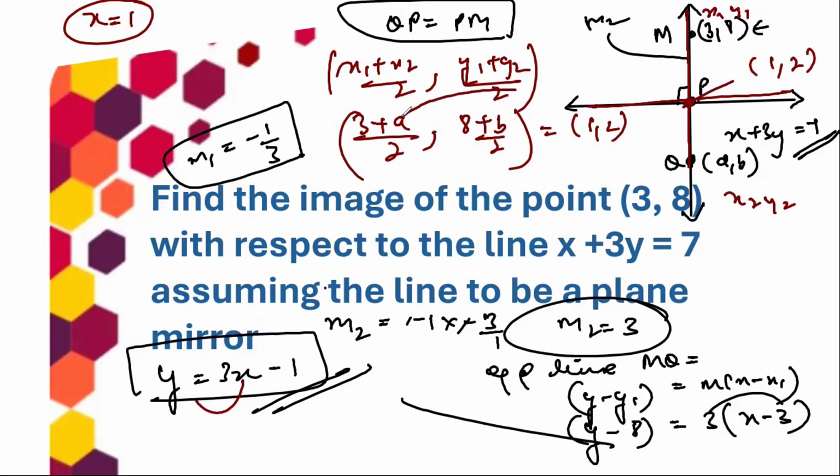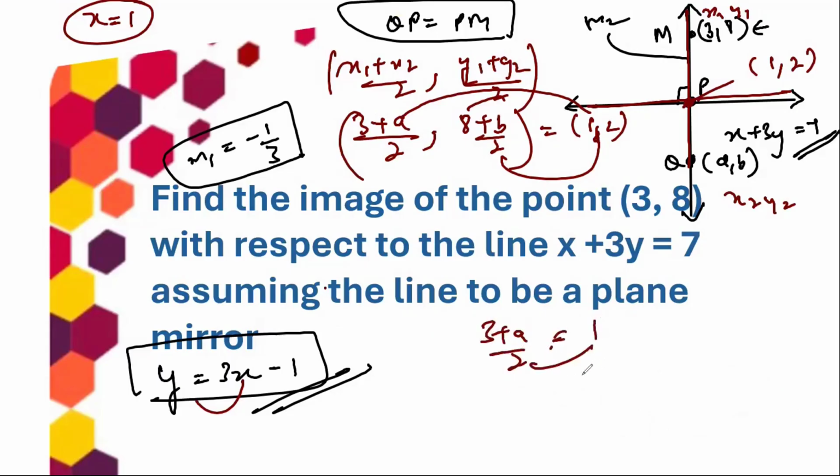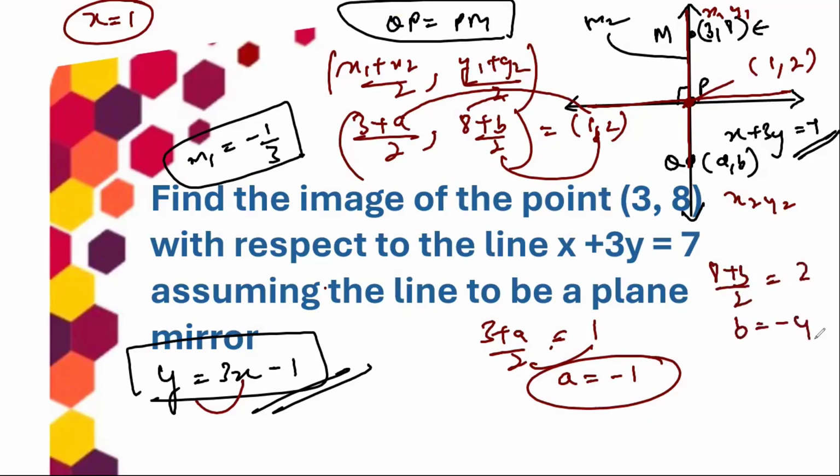I set x equal to 1 and y equal to 2. It gives me (3 + a)/2 = 1, so a is 2 - 3, which is -1. And (8 + b)/2 = 2, so b is -4.